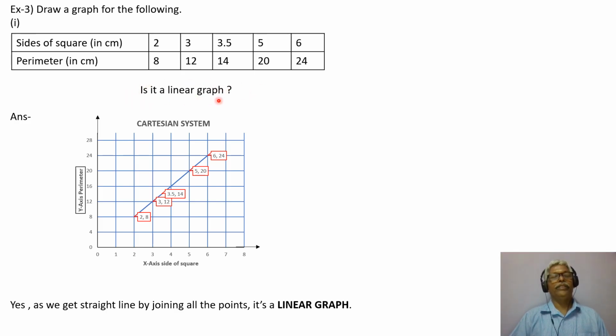Is it a linear graph? You have to answer this also. Answer: take the x-axis and y-axis. On the x-axis take the side of the square, and on the y-axis take the perimeter. So for the first one, this is x, this is y.